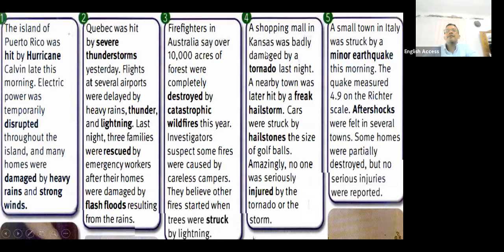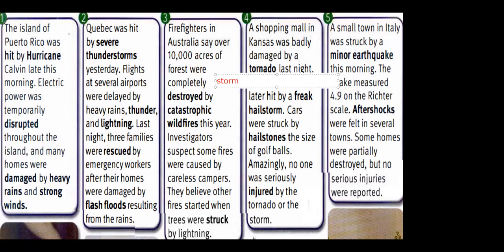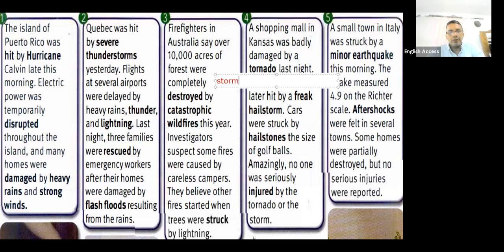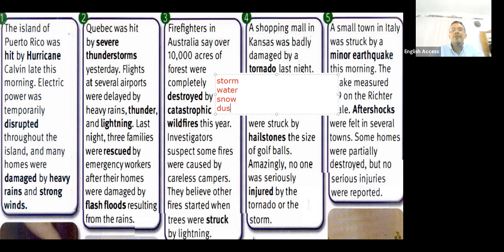Hail, let me write it here. You know what a storm is, right, Maru? A storm is usually water, but it could be snow, it could be dust, it could be an electric storm, a lightning storm.